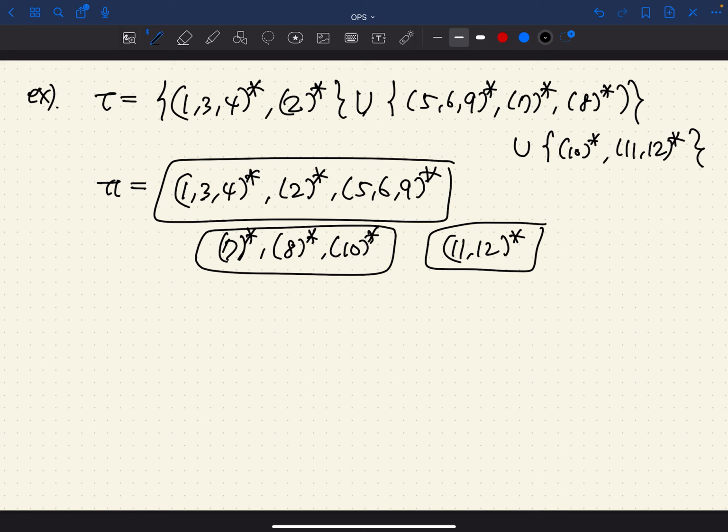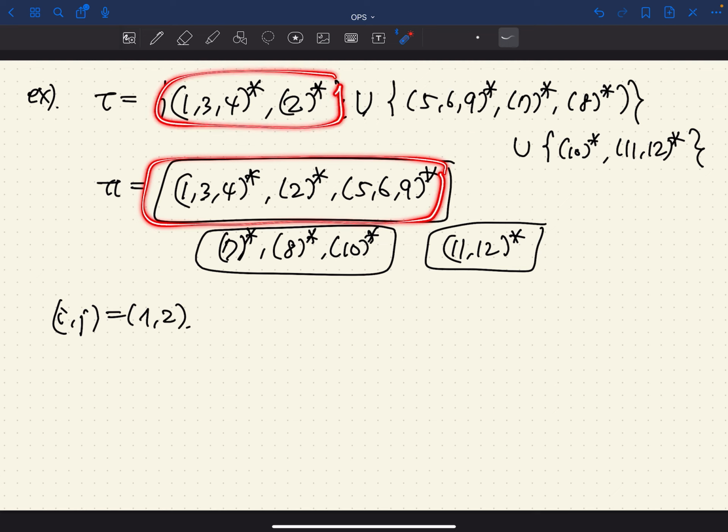Okay, yeah. So we find i, j, smallest i, j, such that i, j are in the same block and also in the same part. In this case, i, j equals 1, 2. Because 1, 2 is in the same block and also from the same set. Okay, same homogeneous numbers if you want.